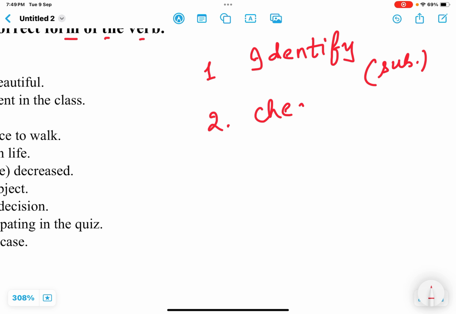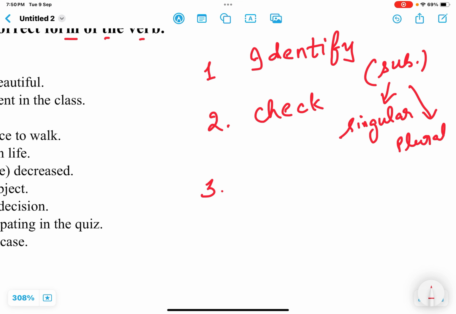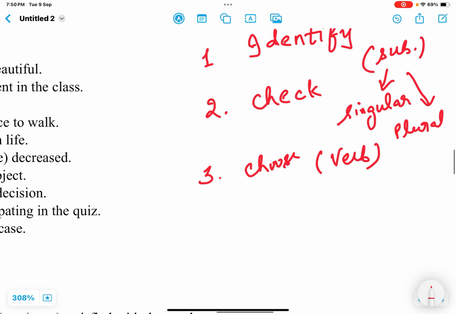Next one is check. What to check? Whether the subject is singular or plural. And at the end, choose. What to choose? Verb, according to the subject.